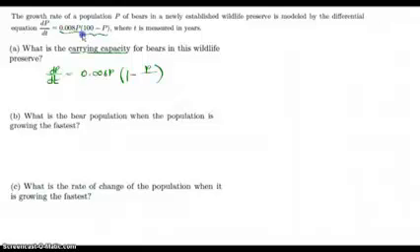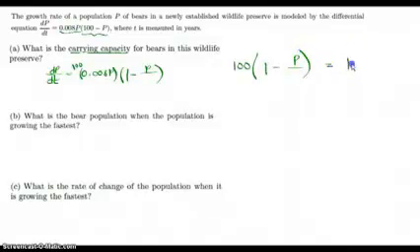So we're going to have to factor a 100 out here. So we're going to have 100 times this, and then if we distributed 100 back through 1 minus P over something, how would we get 1 for an answer, right?